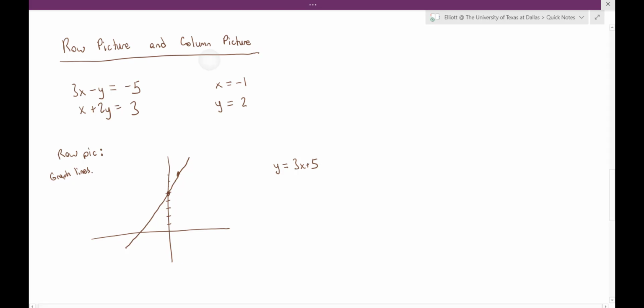Our second equation, if we rearrange it and solve for y, you should get y equals -1/2 x plus 3/2.